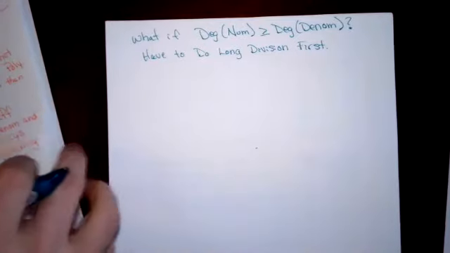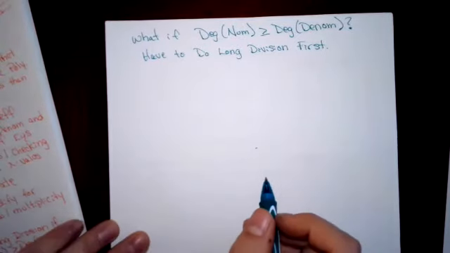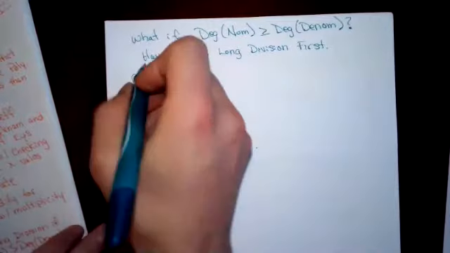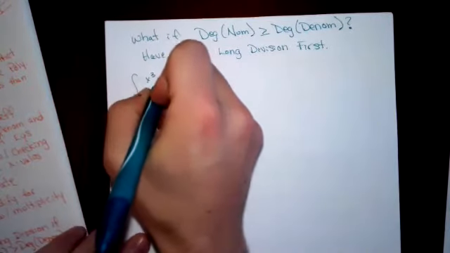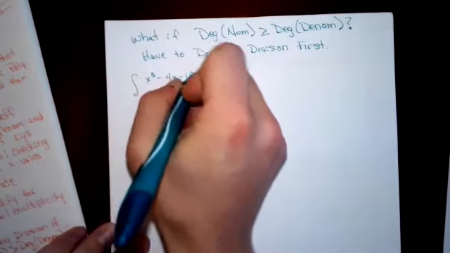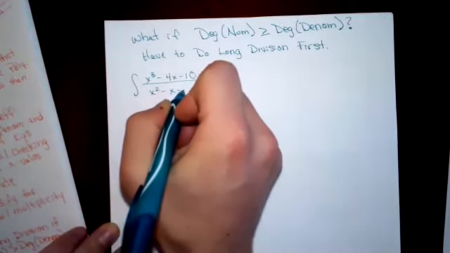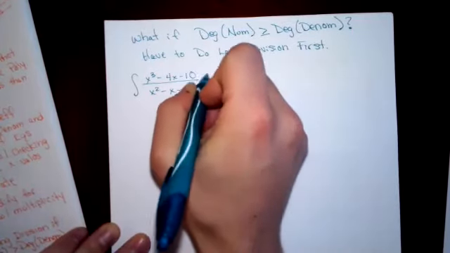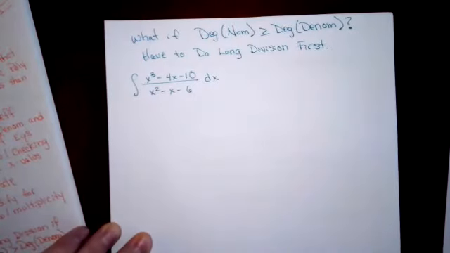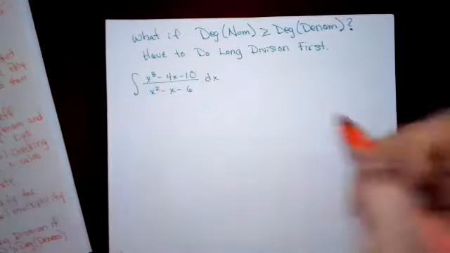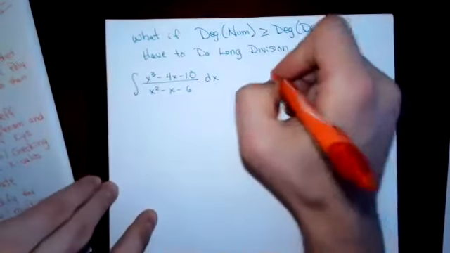Let's try to get through one real quick here in the last 20 minutes of class or so. So we've got the integral of x cubed minus 4x minus 10 over x squared minus x minus 6 dx. This is something you might want to write as step 0, if you wrote out those steps in your notes.